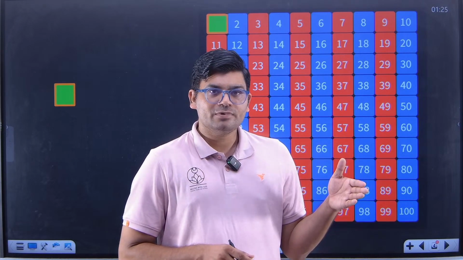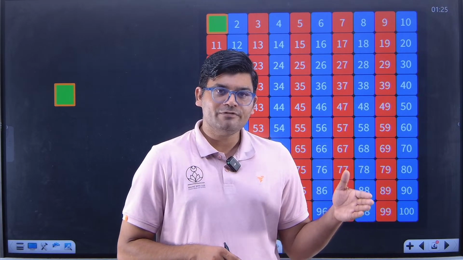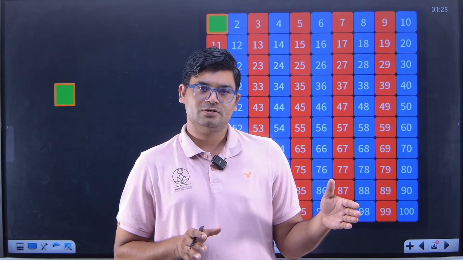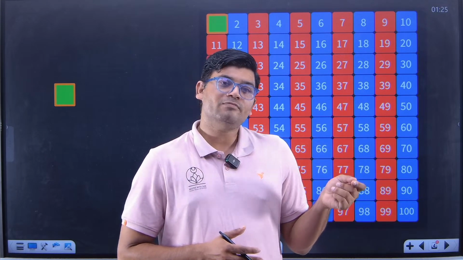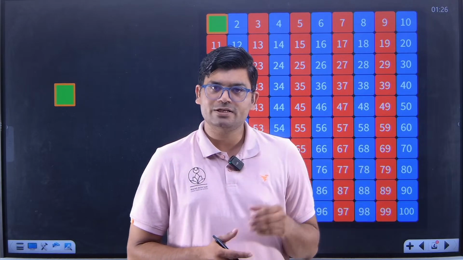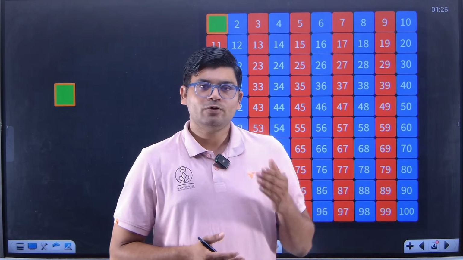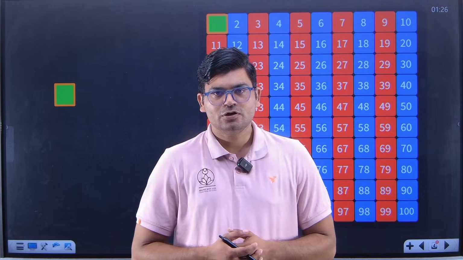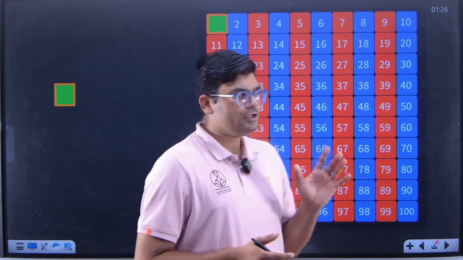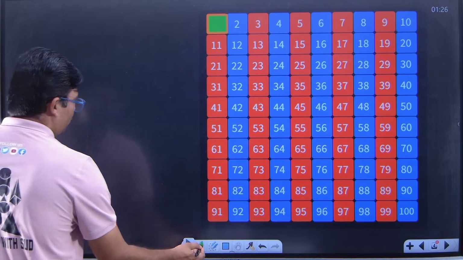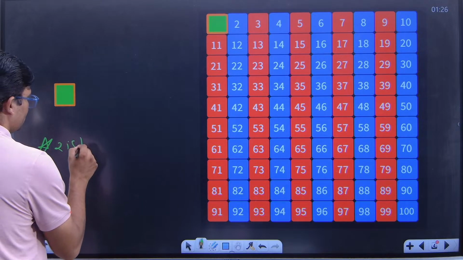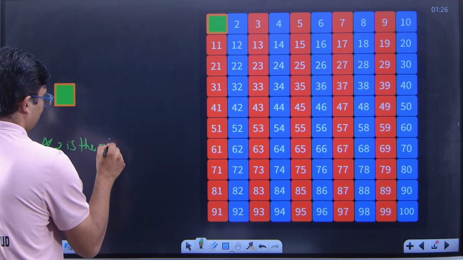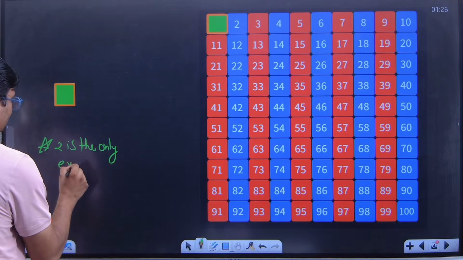So the only number that 2 can be divided by is 1, and 2 is the only factor of itself. There is no other factor. So 2 is the only even prime number.